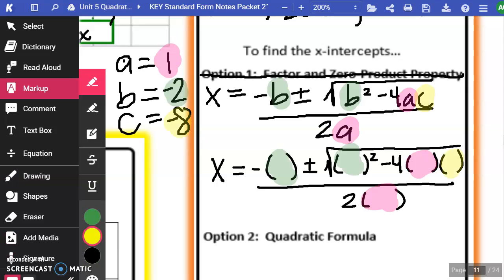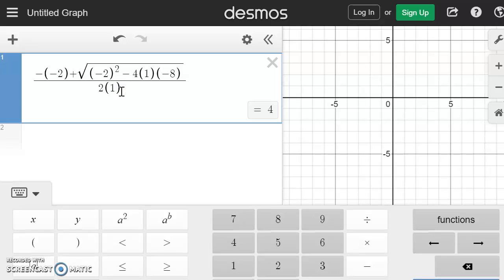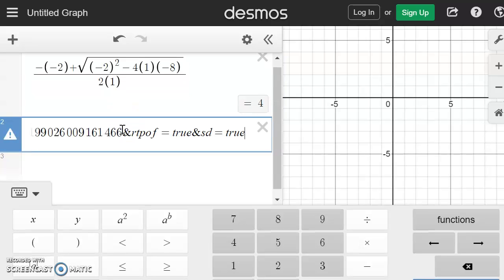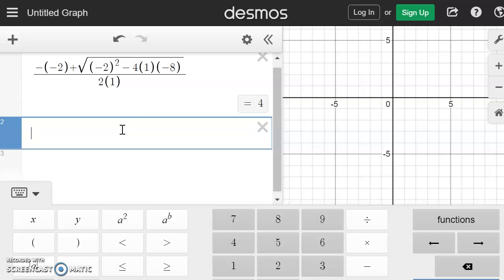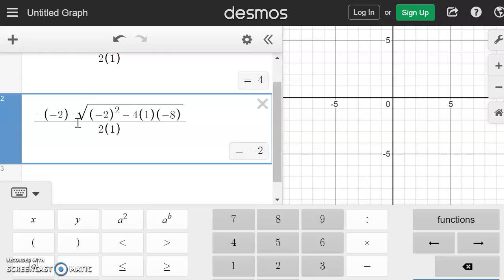Copy my color coding pattern here, and then substitute A, B, and C into the formula where they need to go. And now I'm going to use my calculator to type in this formula 2 times, 1 with addition and 1 with subtraction. In my first round, I got 4. Now I'm going to copy and paste, and I'm only going to change the plus sign to a minus sign. So my two answers look like they're positive 4 and negative 2.